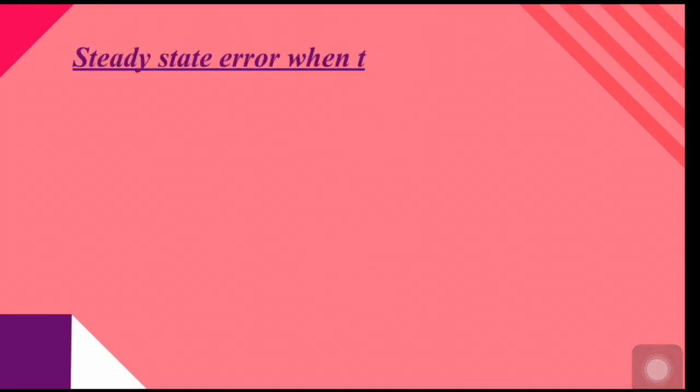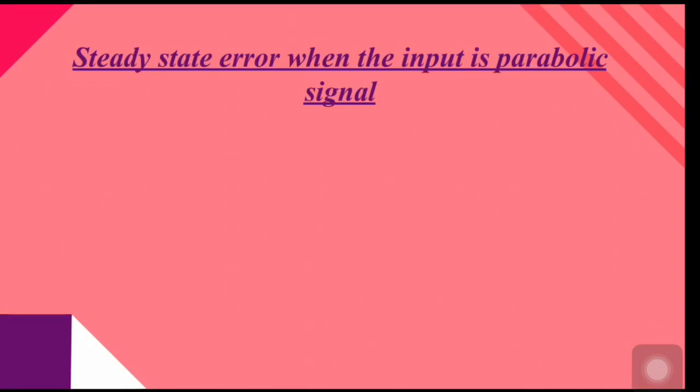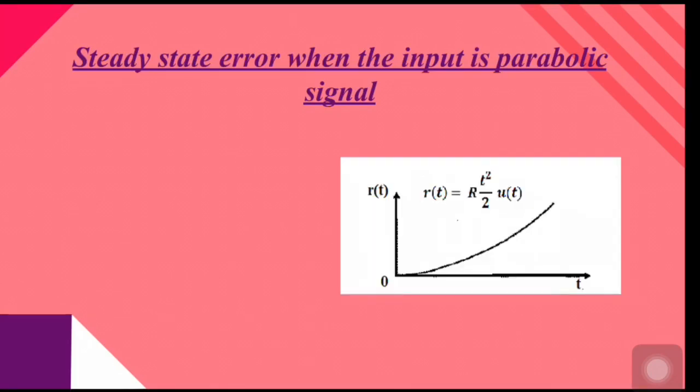Here we are going to do the analysis of steady state error for parabolic signal. As you know, this is the waveform of parabolic signal and it can be mathematically expressed as r(t) is equal to r t squared by 2 u(t). Here also I will be giving only the results of this analysis. Please try to do the complete analysis yourself.